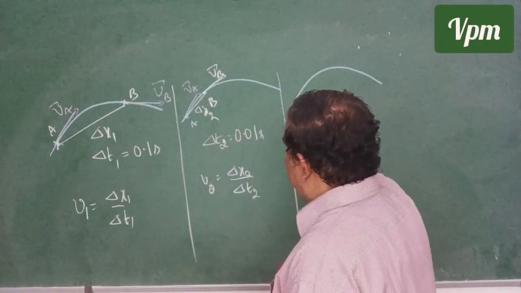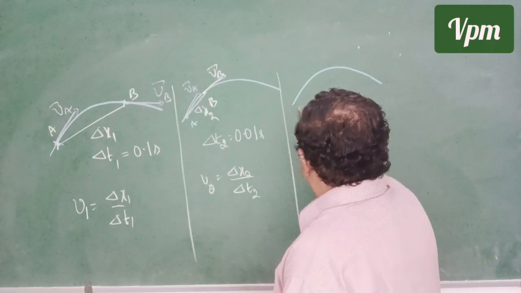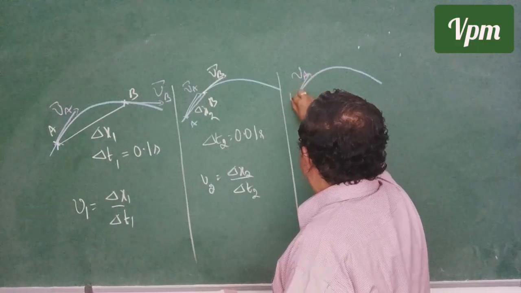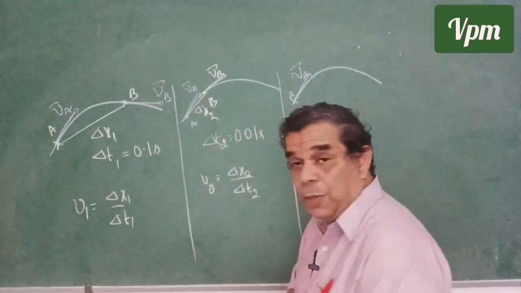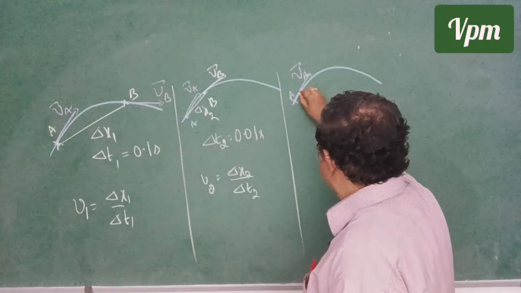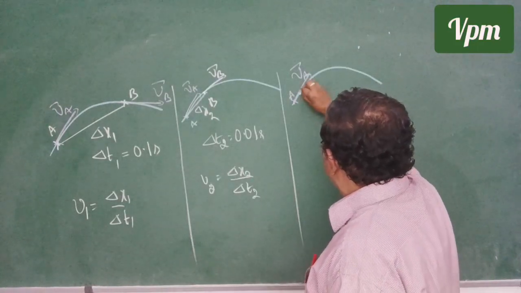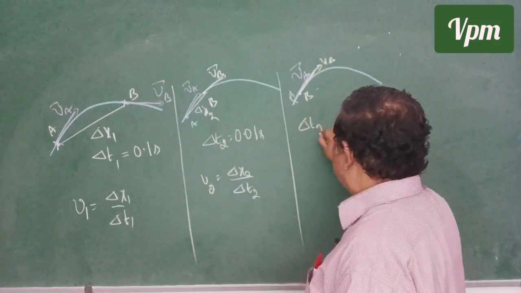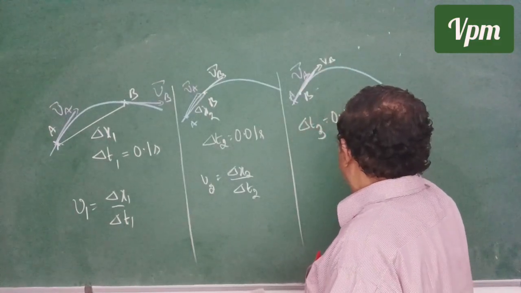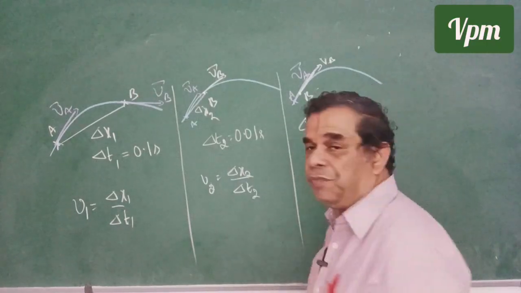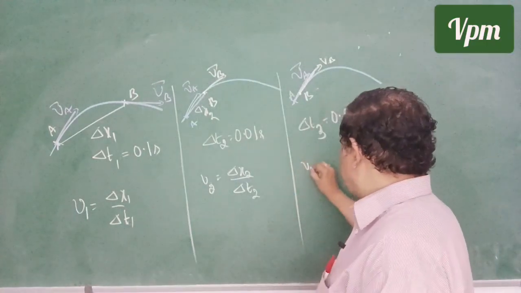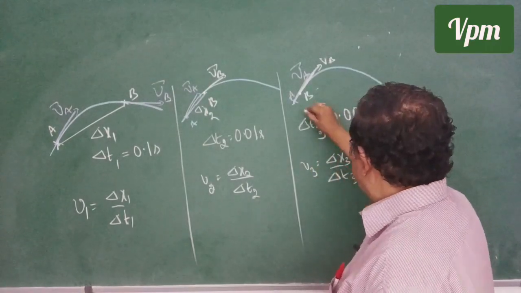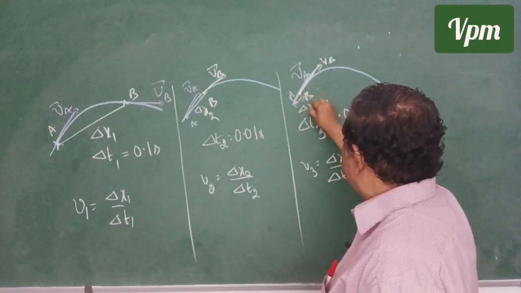Say, we take this A and this is our VA as usual. But observe, I want to see the B here only, very near to A. Now the time gap is further reduced, what I call as delta t3, 0.001 second. Now V3 I write as delta x3 by delta t3, where delta x3 is this one, the A to B gap.